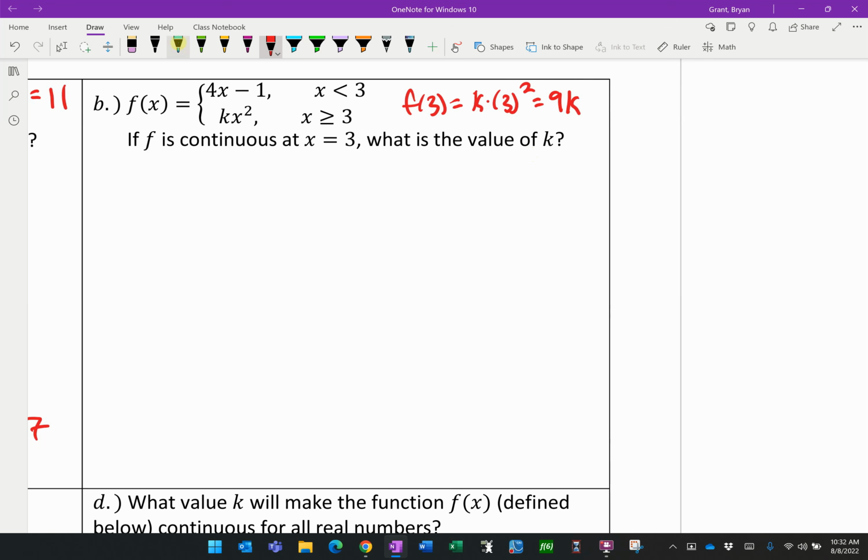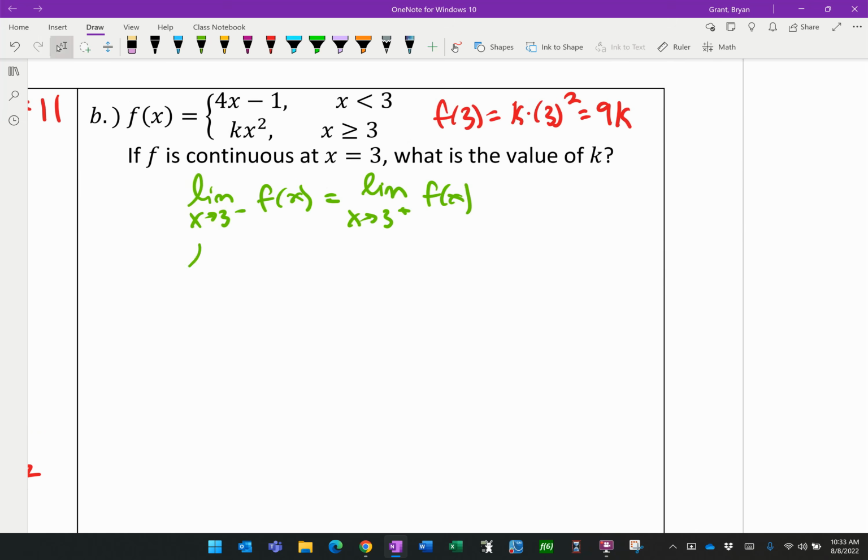Let's find our limit. So we'll do the limit as x approaches 3 from the left side of the function called f of x. And we want to make sure that f of x approaches the same value on the right side. Because this is a piecewise function, the left and the right side are controlled by two different equations, 4x minus 1 and kx squared. There we go.